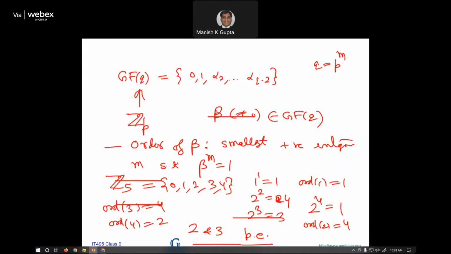The total field has Q elements, and if you delete 0, it will be Q minus 1 elements. So in this example, 2 and 3 are elements of order Q minus 1, which is 4 here. They are generators, known as primitive elements.